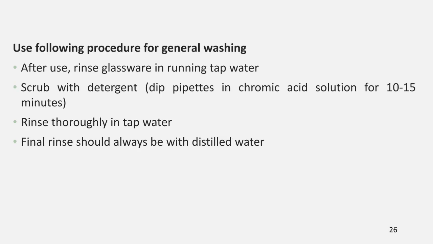Next, what are the following procedures for general cleaning of the glass vase? After use, rinse the glass vase in running tap water, scrub with detergent for 10 to 15 minutes, and rinse thoroughly in tap water.